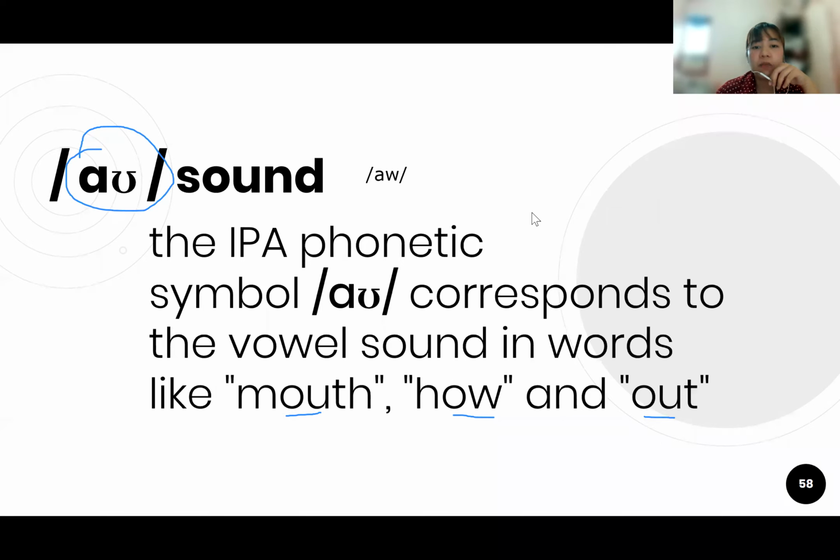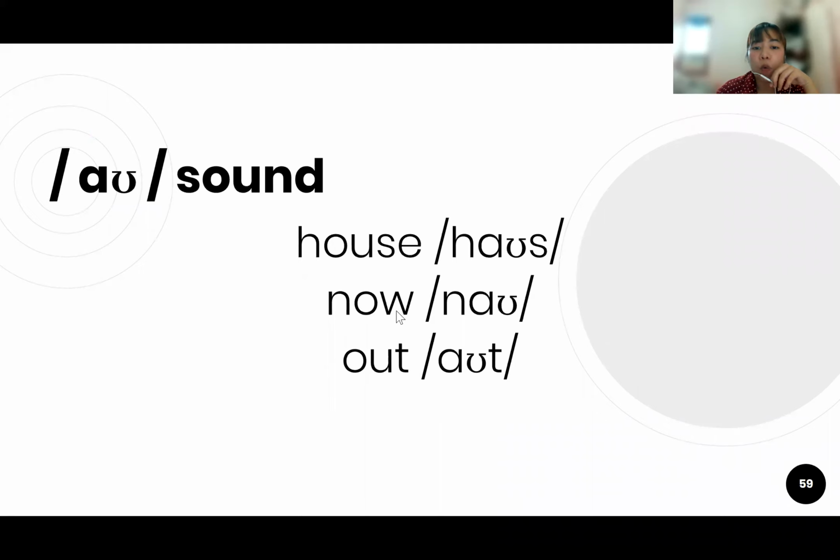For example, in words like house, now, and out. So in house, you have your h sound, and then your OU here produces the ow sound, and your S, and E again is silent. House. So this is the IPA transcription for the word house, meaning a place where you live in.